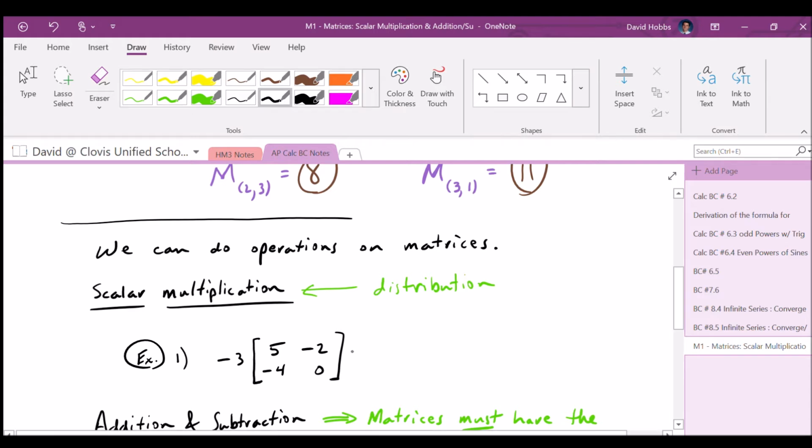When you're doing scalar multiplication, you do not change the dimensions at all. So the fact that we had a 2 by 2 matrix, we're still going to have a 2 by 2 matrix. We're just distributing: negative 3 times 5 is negative 15, negative 3 times negative 2 is positive 6, negative 3 times negative 4 is 12, and negative 3 times 0 is 0.